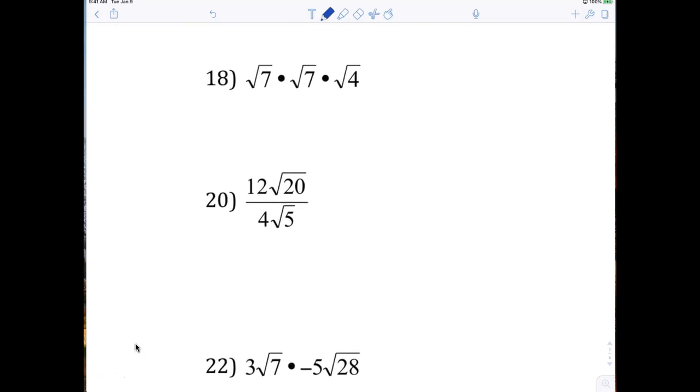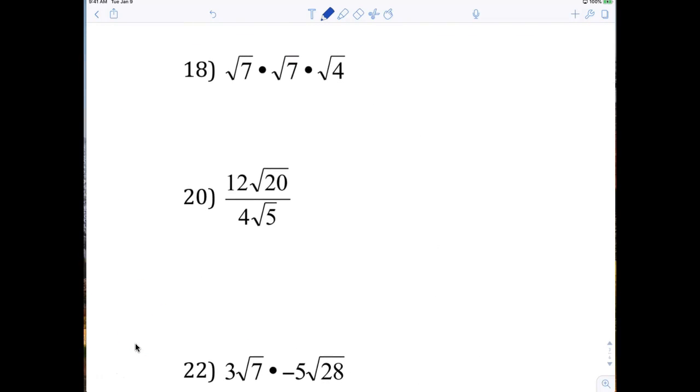Now we have extra practice. All right, so here we go. Everybody should be able to look at 18 and say, that is obviously what? Very good. Everybody's just looking at that and saying, that's obviously 14, right?